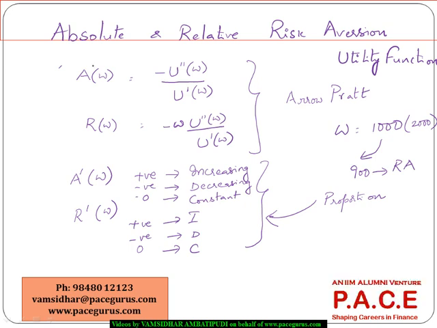Now let's see some commonly used utility functions, and let's try to apply all these concepts which we have understood till now. Let's start off with the log function itself, which we have been discussing for quite some time in a couple of examples.